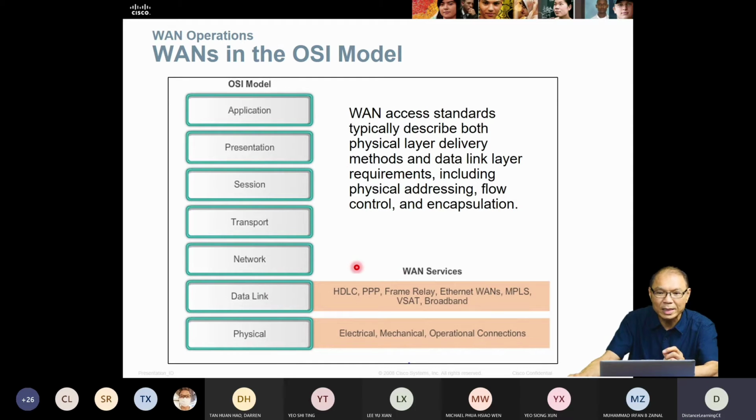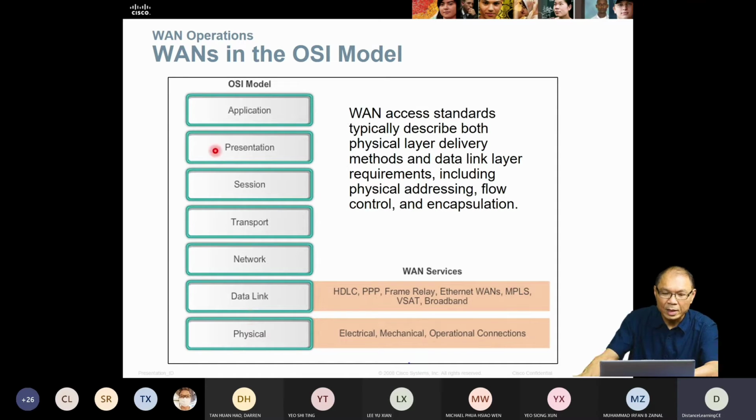Typically in this diagram, if you look at the slides, it says here, wide area network access standards typically describe both the physical layer delivery methods and the data link layer requirements. So physical and data link, those are the keywords, including physical addressing, flow control, and encapsulation. So if you talk about wide area network and services, we are looking at the lowest 2 layers: the physical layer and the data link layer.